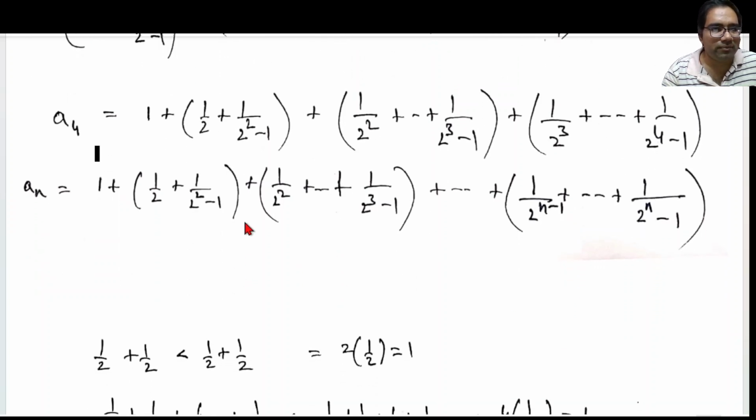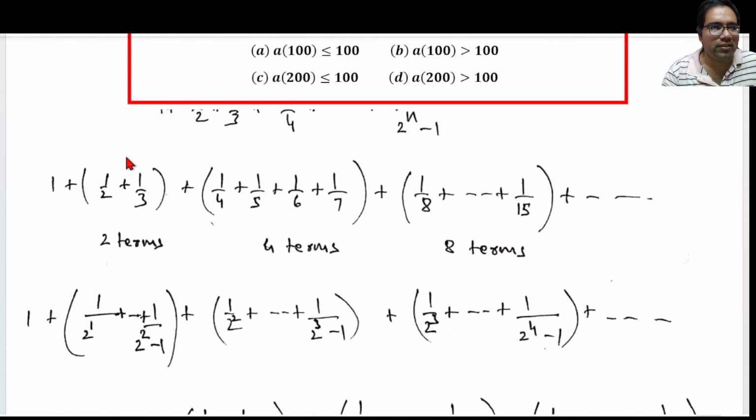Now if you see A of 4, these two terms, half and 1 by 3, these four terms, 1 by 4, 1 by 5, 1 by 6, 1 by 7, here 1 by 8, 1 by 9, 1 by 10, 1 by 11, whatever, up to 1 by 15. If you see the sum of these two terms, half plus 1 by 3 versus two halves, which is higher?